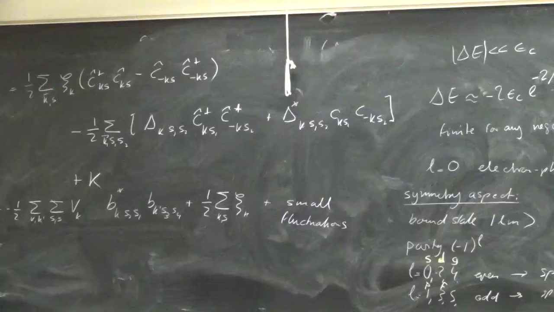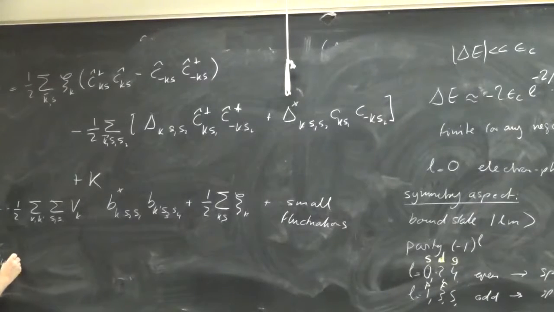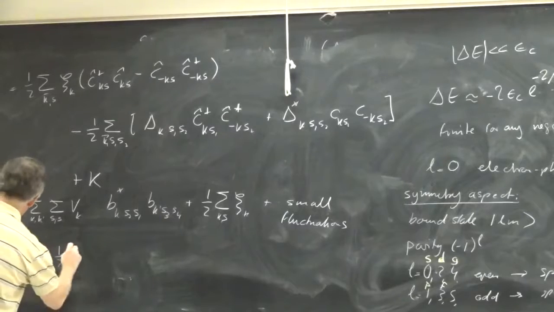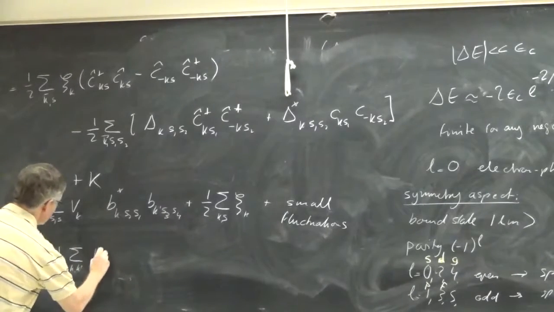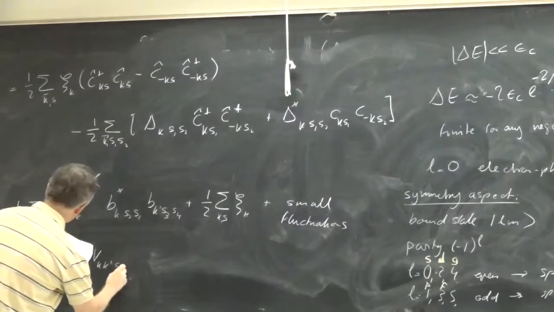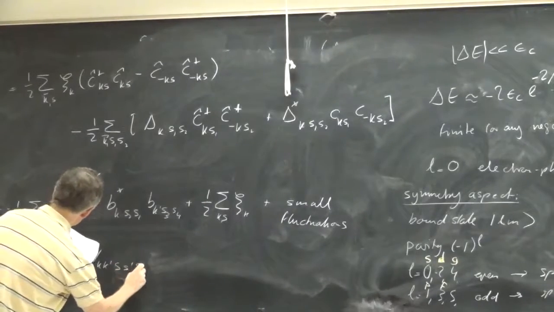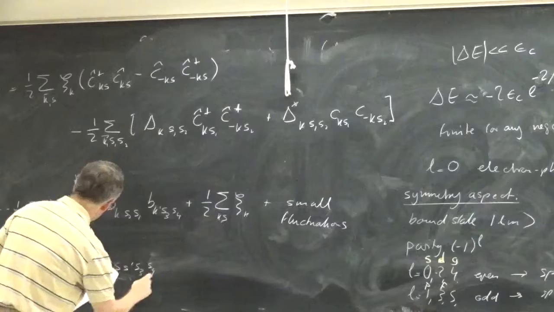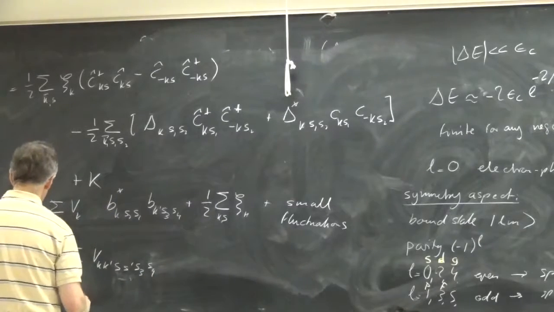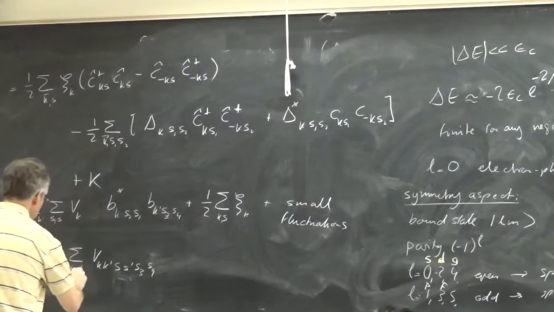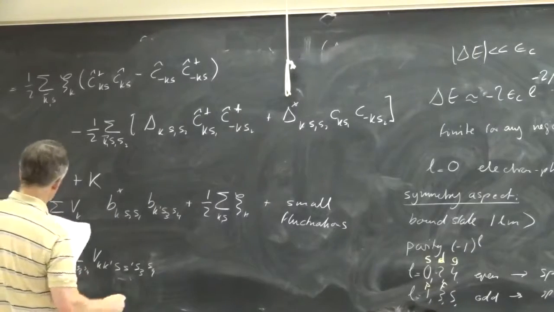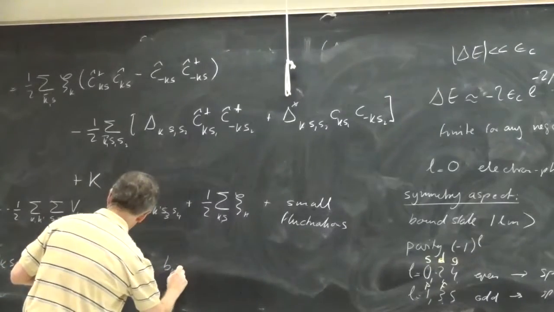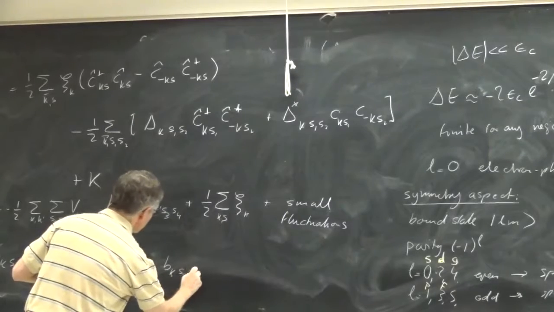And the delta of k and s prime is now 1/2 sum k, k prime, v, k, k prime, s prime, s3, s4. There's no sum over k, right? Oh, sorry, no, there is a sum over s3 and s4, sorry. And then b k, s3, s4.